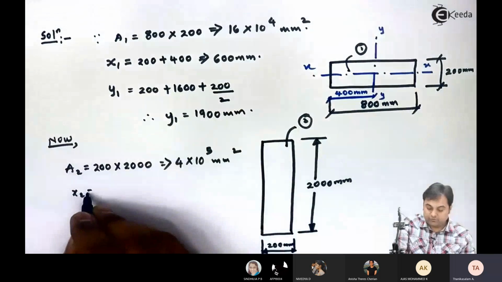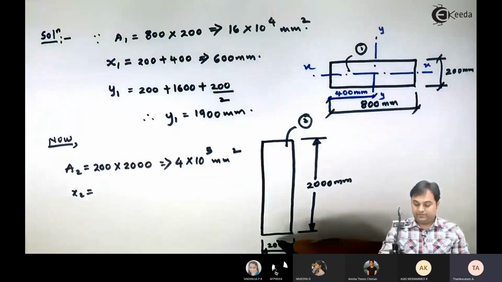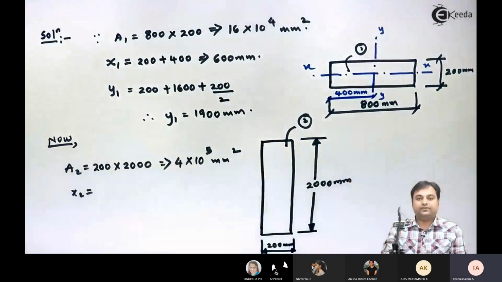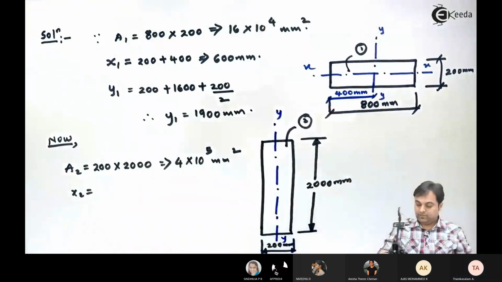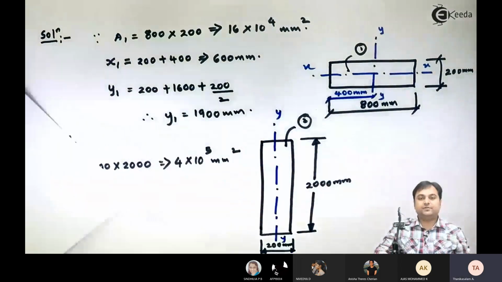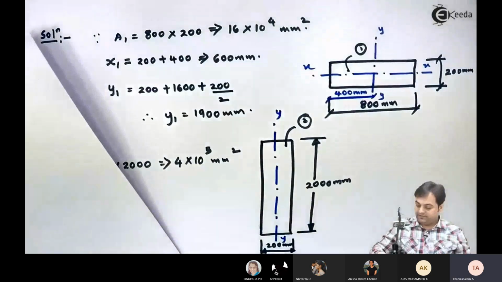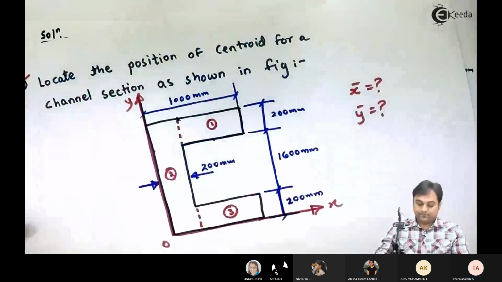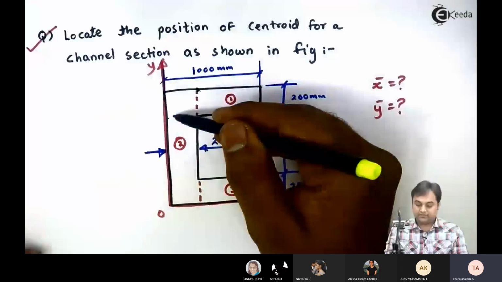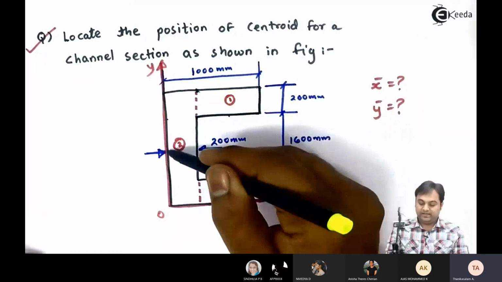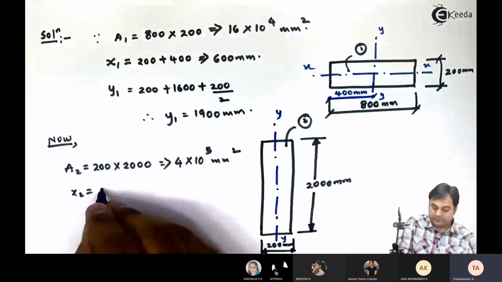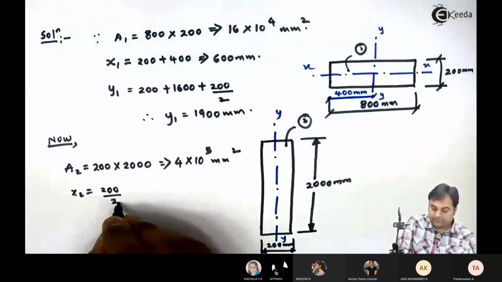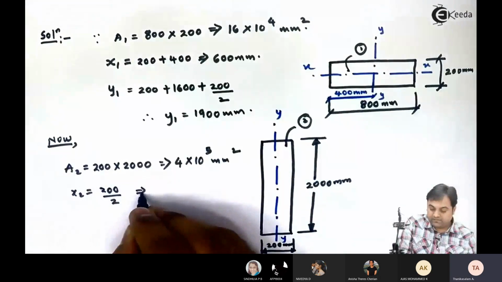Next, x2 is the location of the y-axis for the second rectangle. Since we are measuring distances from the x and y axes, the y-axis of the second rectangle would be exactly at half of 200 if we measure it from the y-axis. So x2 is equal to 200 divided by 2, that is 100 mm.